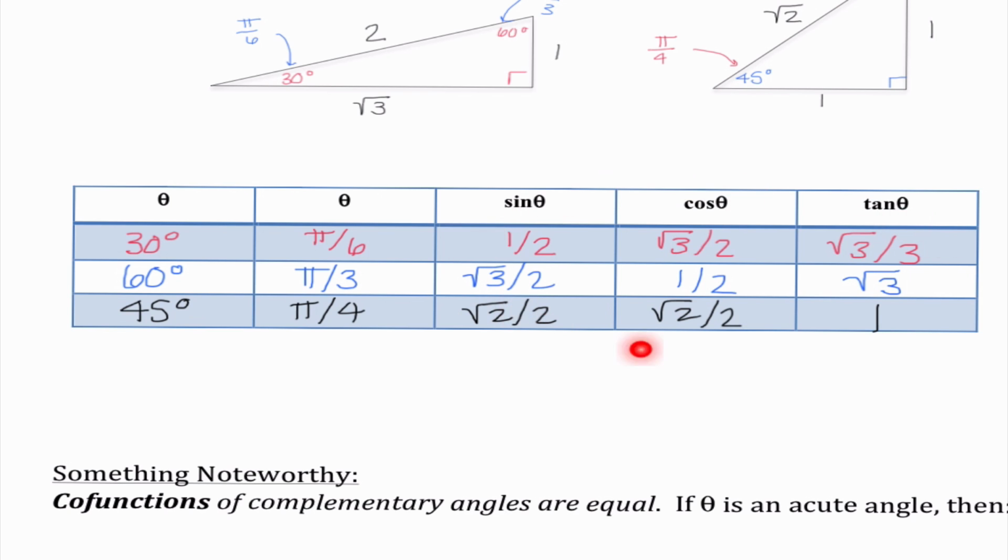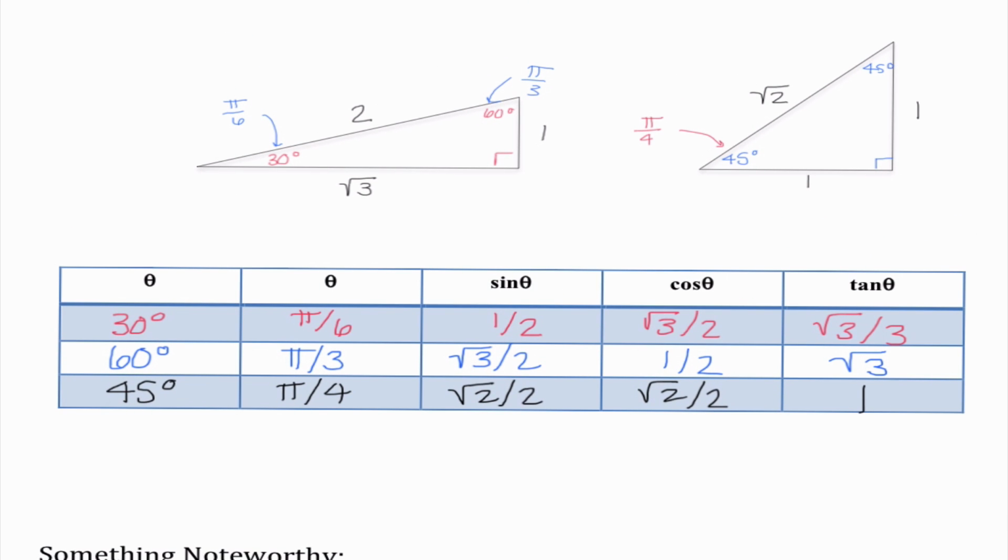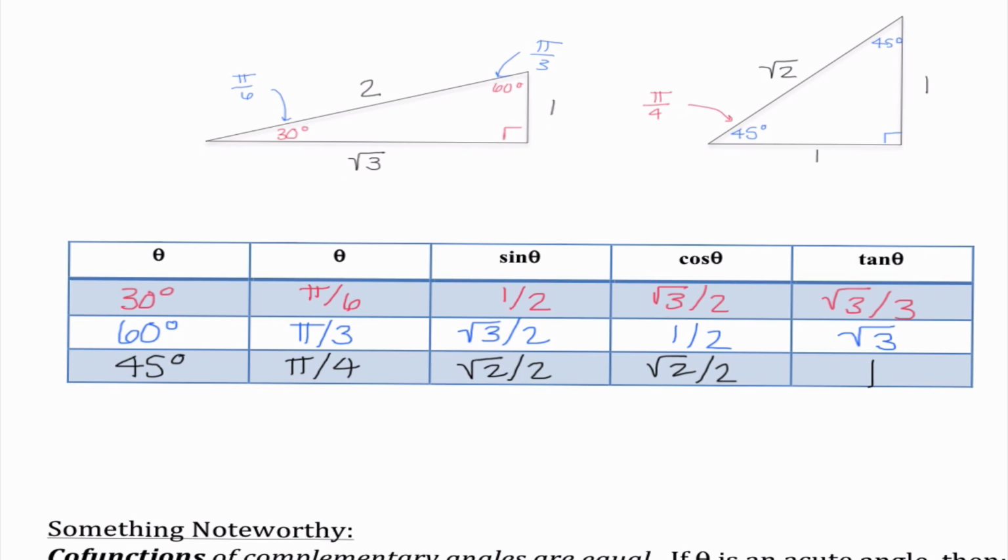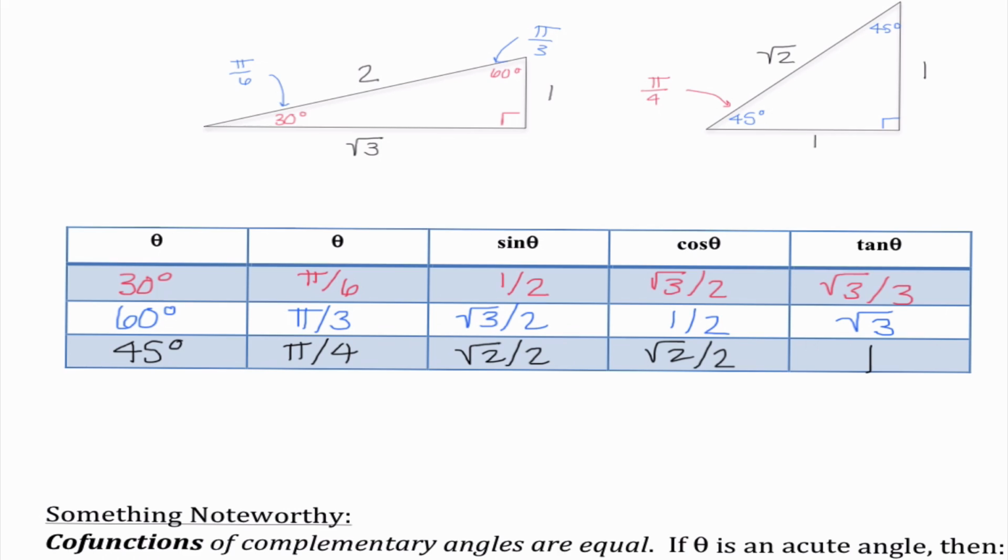If you have these 9 memorized, it's super easy. Other options: you could memorize these 2 triangles and then just go, sine of pi over 4 would be 1 over radical 2. It would take a little bit more time to draw these out, but you would still be doing the correct thing. Third and final option is we could use the unit circle. So this means this weekend you need to study.